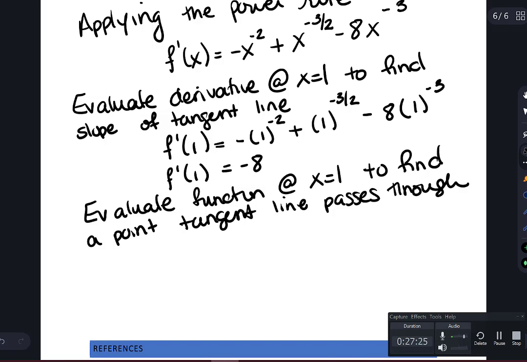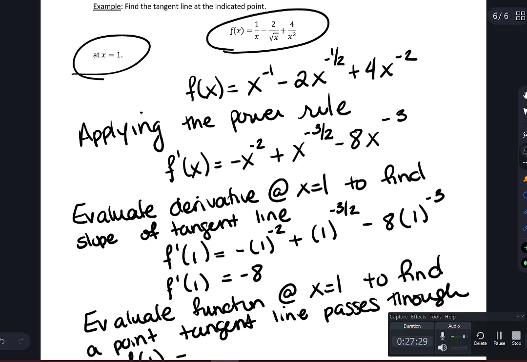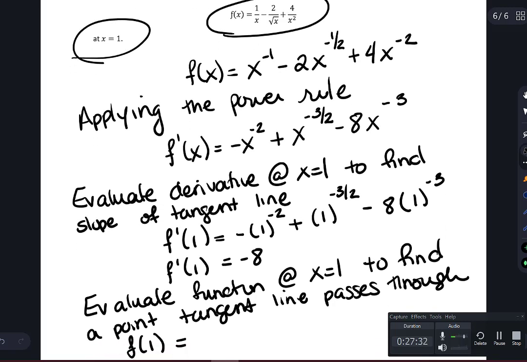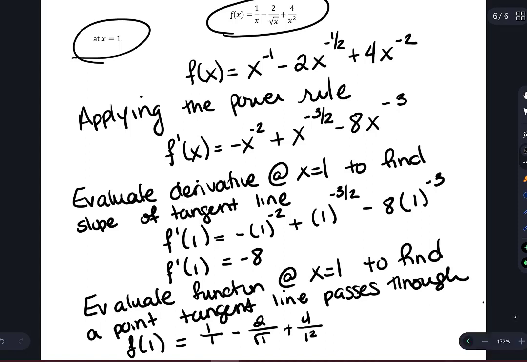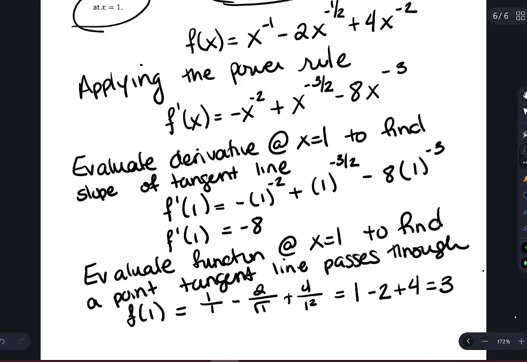So here f of 1 is equal to, going all the way back up to the top, 1 over 1 minus 2 over the square root of 1, or I could have also used the powers, plus 4 over 1 squared. And so that's going to be equal to 1 minus 2 plus 4, which is equal to 3.